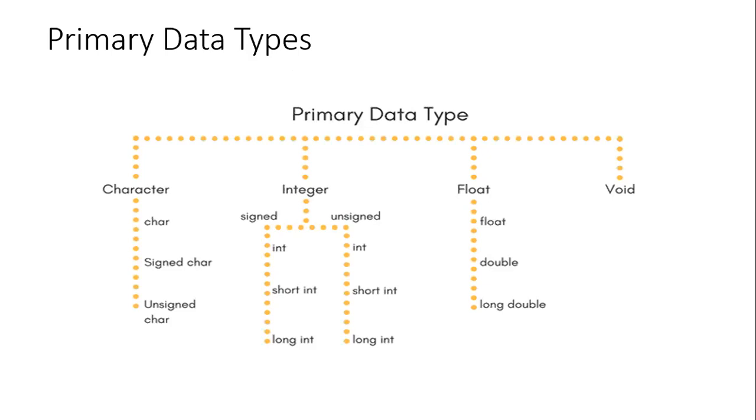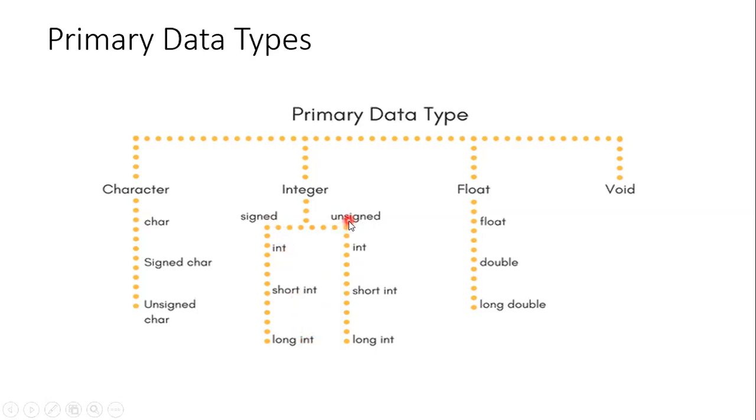Now, you see the primary data types. The primary data types are similar to C. That is, the fundamental data types are integer, float, character, and then void. Under integer, we have two types, signed and unsigned. Again, signed: int, short int, and long int.